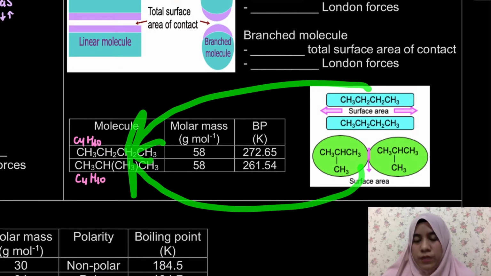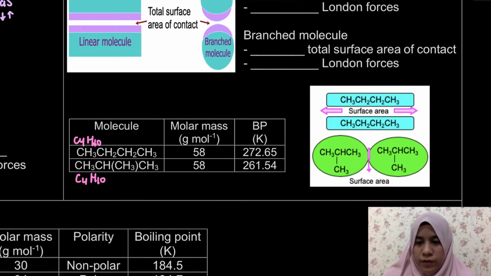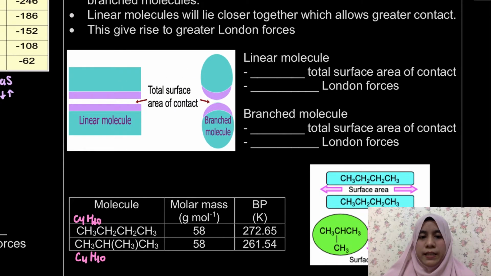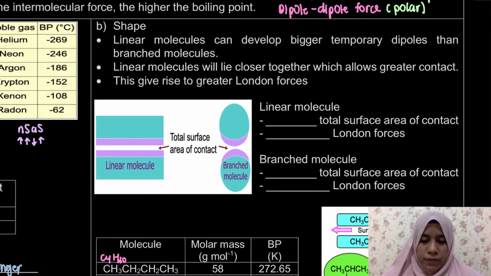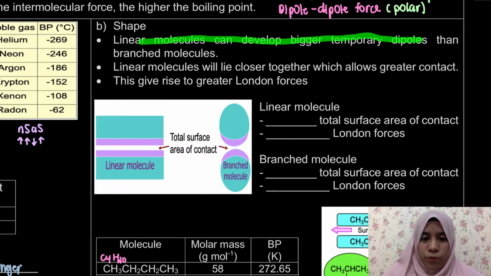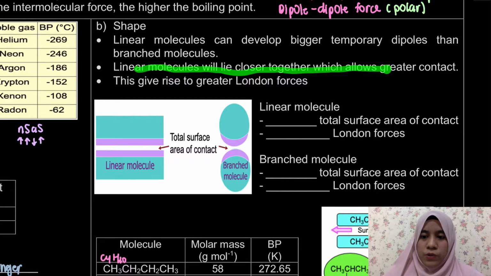Okay, so dekat sini kita tengok surface area for our butane ni is high, whereas kalau surface area yang sini is low. Okay, kenapa? So kita tengok balik dekat sini. It mentioned here is that the linear molecule can develop bigger temporary dipole than branch molecule, and the linear molecule will lie closer together, which allows greater contact.